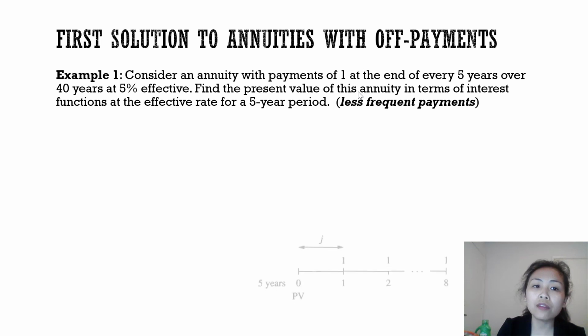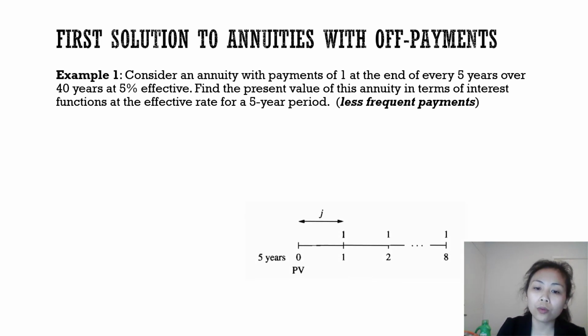We are going to use a time diagram here. At time 0, we make no payment. Time 1 here means 5 years later. Time 2 means 10 years later.